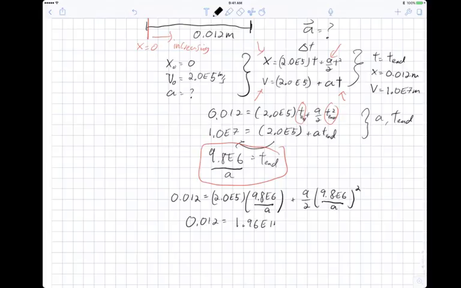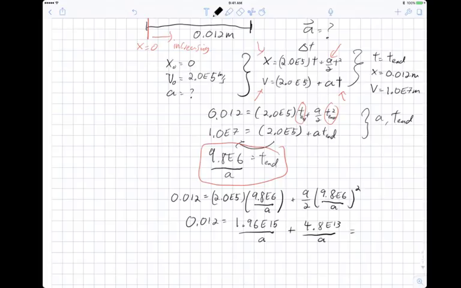The second is 4.8 E13 divided by a. Combine them together, 1.96 E15 over a.